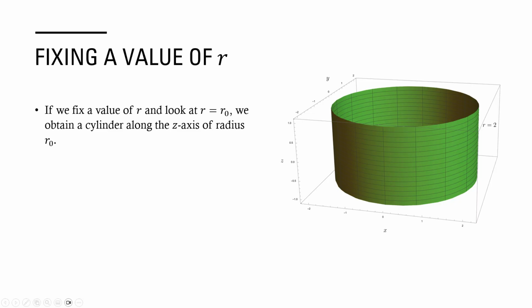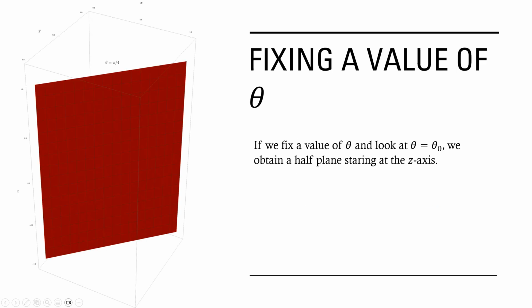We can also say, well, what happens? We know what happens when we fix the value of z. That's just a plane. We saw that with rectangular coordinates. But what happens when we fix the value of theta? Well, in this case, it's just a ray going out. So this here is theta equals pi over 4. So it's not a plane that goes in both directions. We just go out from, you can see the origin is somewhere in here, in the direction of theta equals pi over 4.